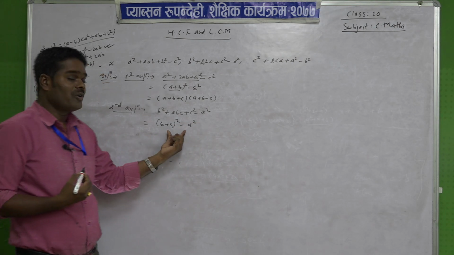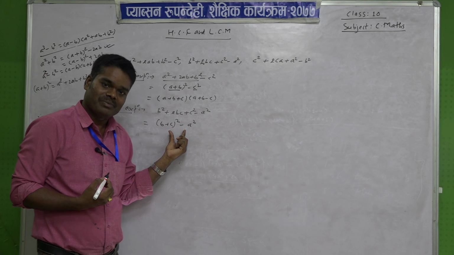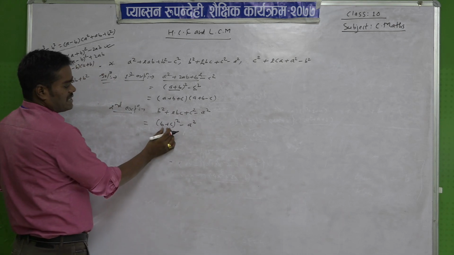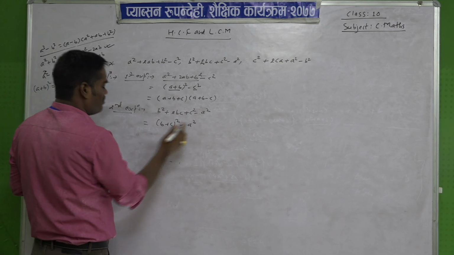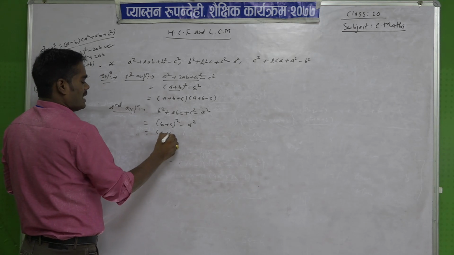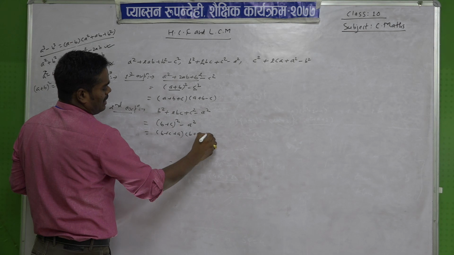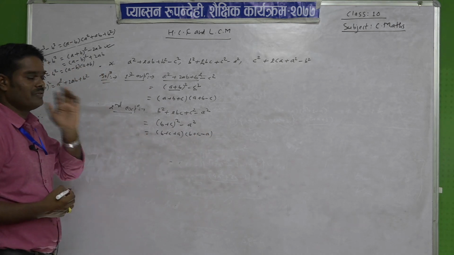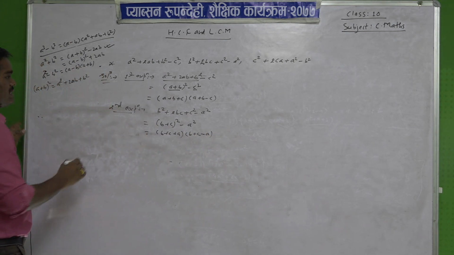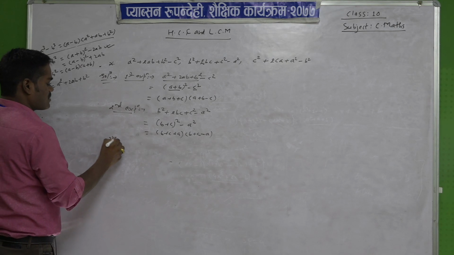Again we have got it in the form of a square minus b square. So, this complete is a and this one is b. So, a plus b, a minus b, this is the factor, and likewise the same for the third expression.